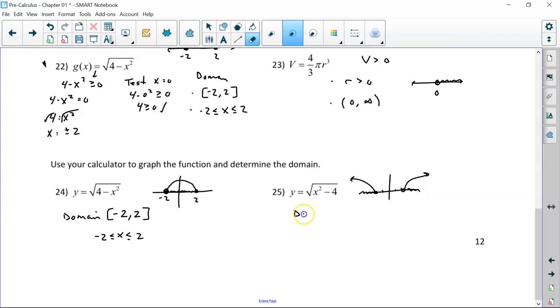So our domain would have two intervals: from -infinity to -2, with a parenthesis and a bracket at -2 because we reach it, and the union of, at +2 we put a bracket, to infinity. That's our domain in interval notation. Or, in more traditional notation, x is less than or equal to -2, or x is greater than or equal to +2.